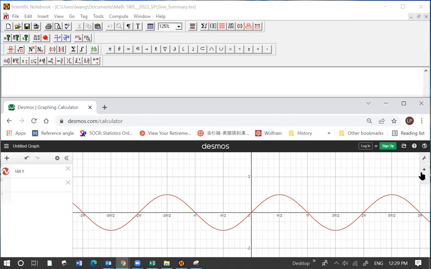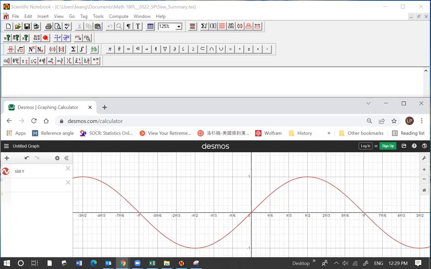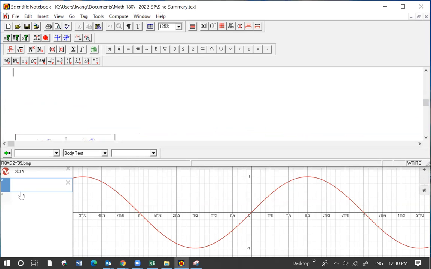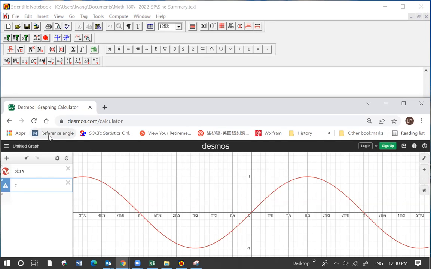In this case, we can just draw a horizontal line, and this horizontal line I'm going to draw can be square root 2 over 2. So this line is going to be crossing, wait, where is it?